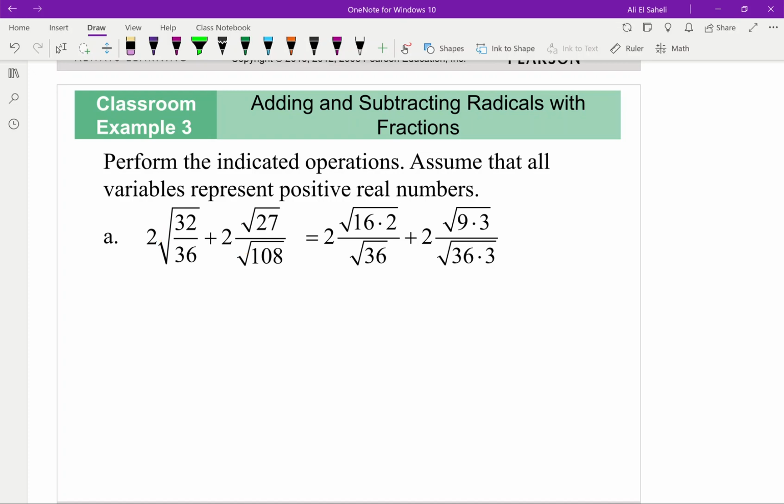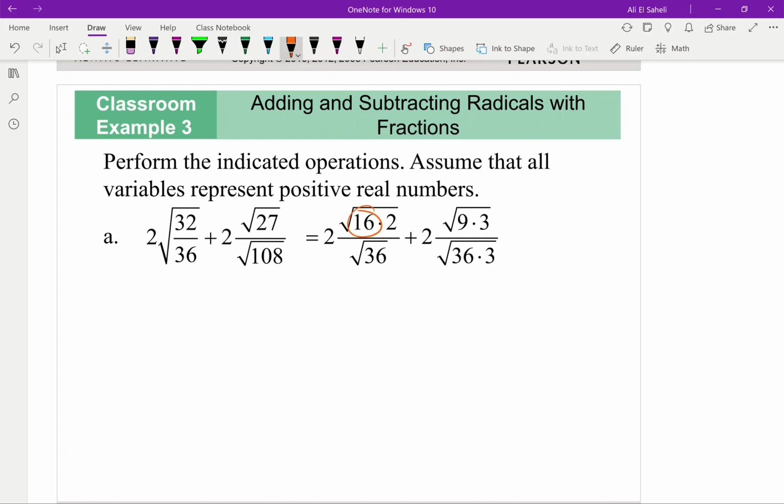So radical 32 is 2 times 16. Radical 36 here, and 27 is 3 times 9. 108 is 3 times 36. Okay. What's the use of this?